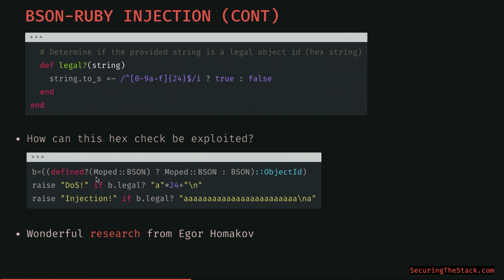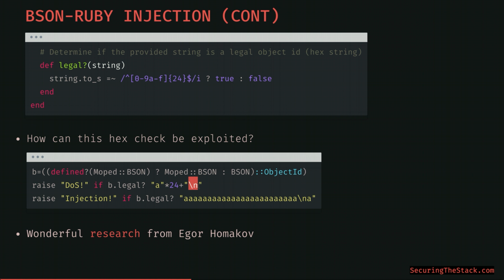In Igor's proof of concept, he basically showed that if a string was passed in from some untrusted source, and it contained 24 A's, which would pass the hex string part of the validation, and then there was an added new line character.